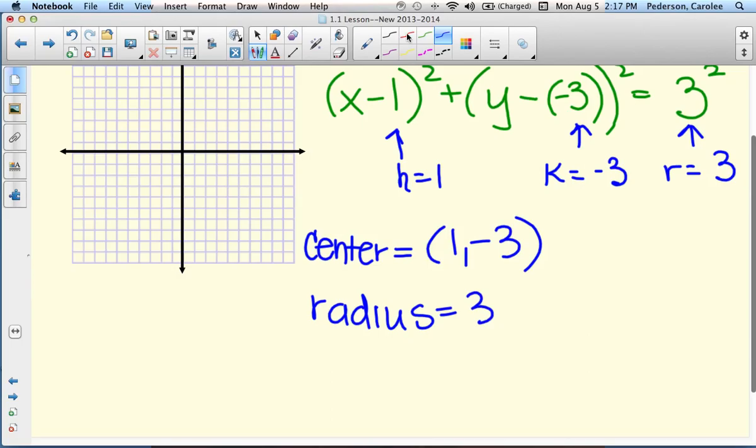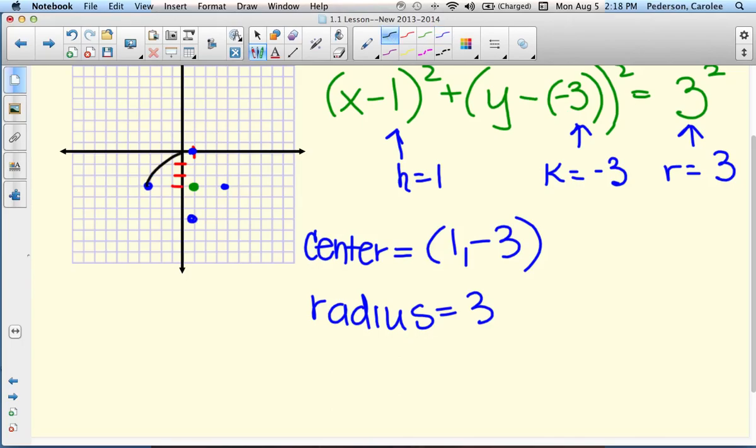So to graph this circle, we start with the center, go over 1, and then down 3. Create our center point, and now we go 3 units in all 4 directions. I'm going to go 3 units to the right, 3 units up, 3 units left, 3 units down.